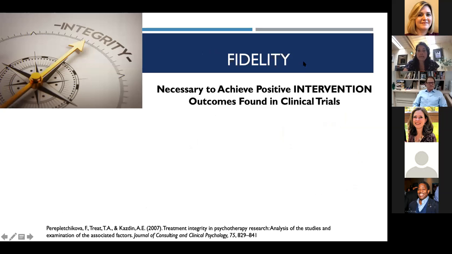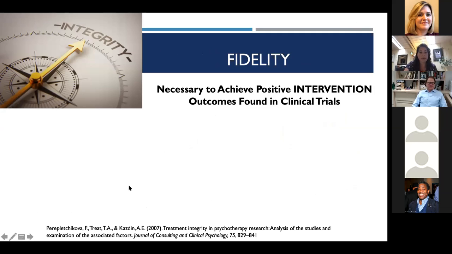All right, so to begin with, fidelity. I think everybody on this call, all of you who are involved with the CTN, are very familiar with what it takes to develop an intervention and to understand what evidence-based means. But just briefly, so that we're all on the same page, when we think about fidelity, typically we think about intervention fidelity.